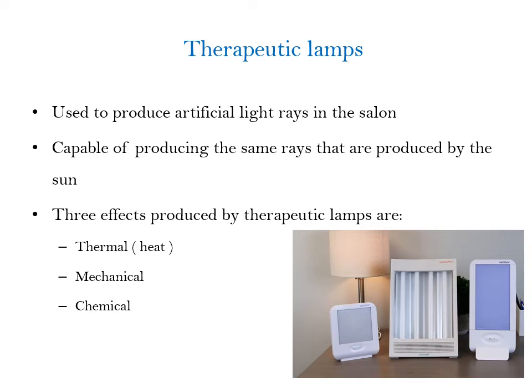So light therapy can be obtained from lamps, which are called therapeutic lamps. Using these therapeutic lamps, we can treat mainly seasonal affective disorder and certain other conditions by exposure to artificial light.